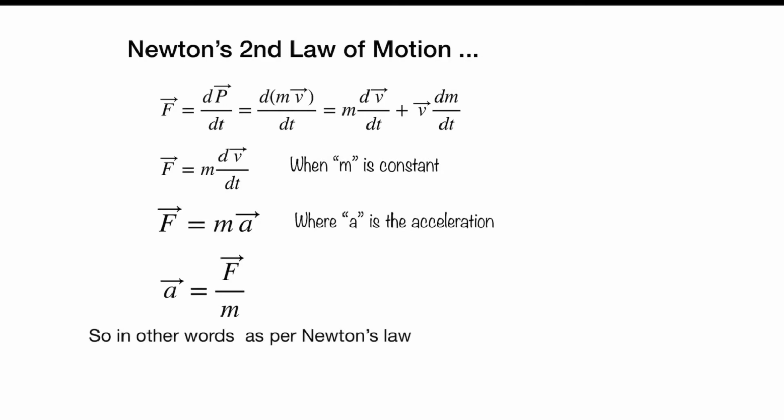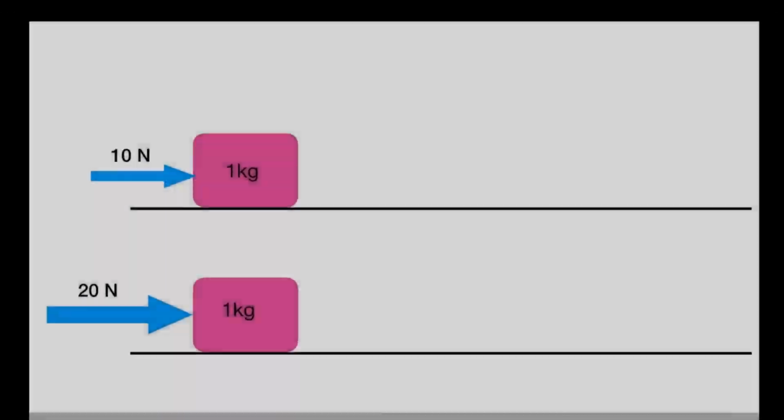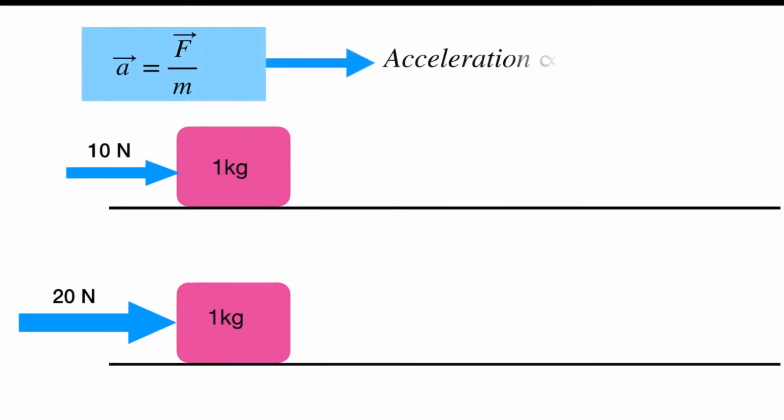In other words, as per Newton's second law of motion, the acceleration of an object is given by the vector sum of forces, meaning net external force acting on that object, divided by its mass. Here, acceleration a is directly proportional to the force and inversely proportional to the object's mass or inertia.